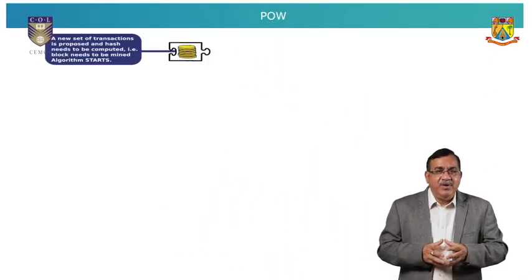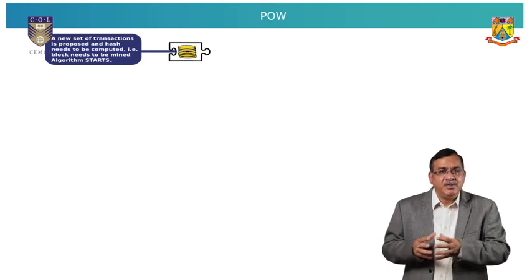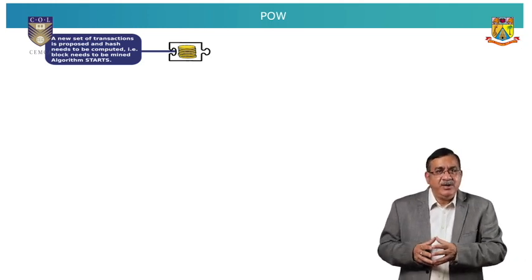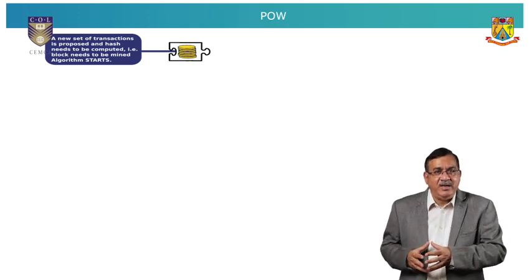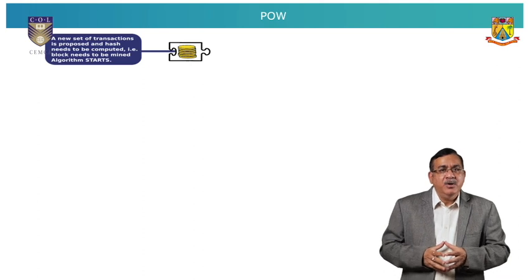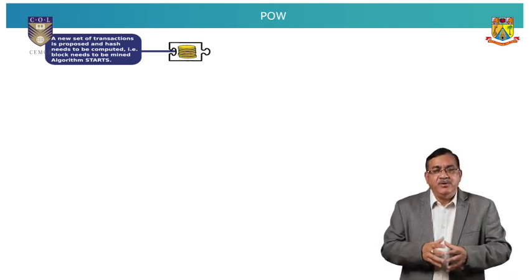The steps involved in the proof of work consensus mechanism are as follows. New transactions, once created, are broadcast to some of the nodes. The transaction is signed using the transaction initiator's private key, which gives the authorization to spend money, and the signed transaction contains all information needed to execute the transaction.